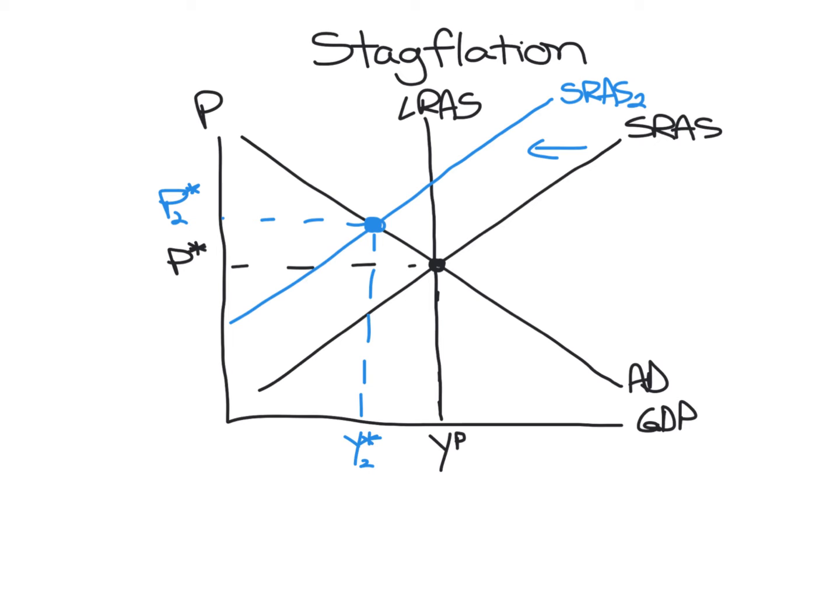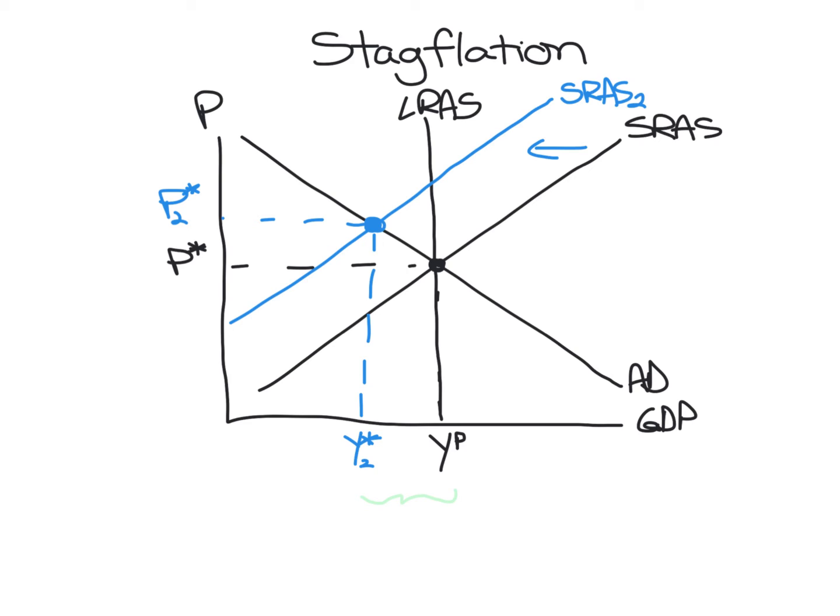All right, so let's start with the first. So let's say that we decide to address this gap right here, this recessionary gap. And so we are going to use expansionary fiscal or monetary policy. So expansionary policy shifts the aggregate demand curve out to the right.